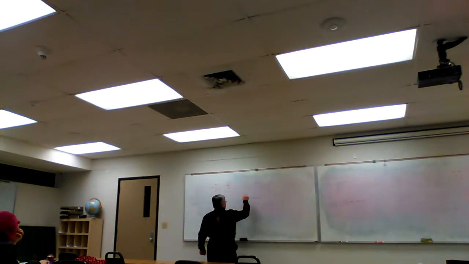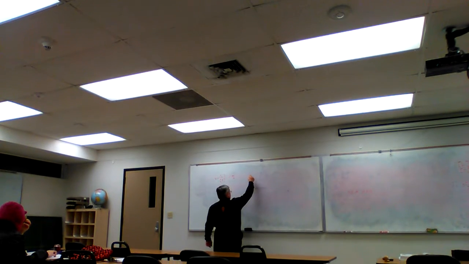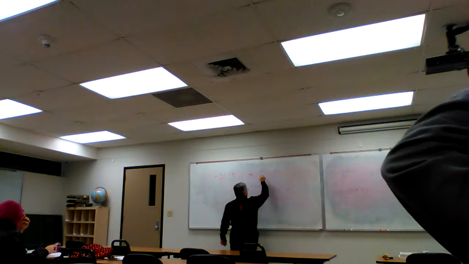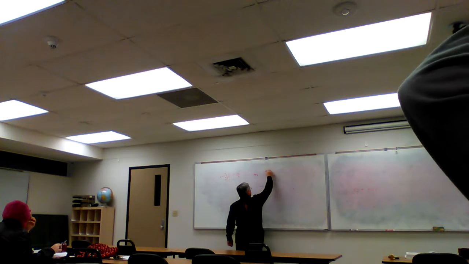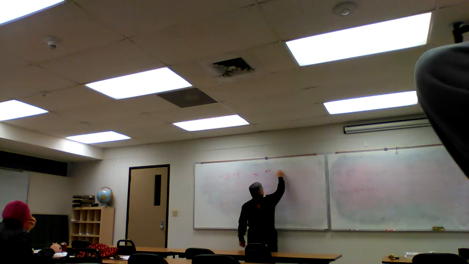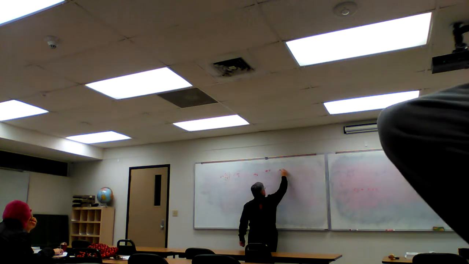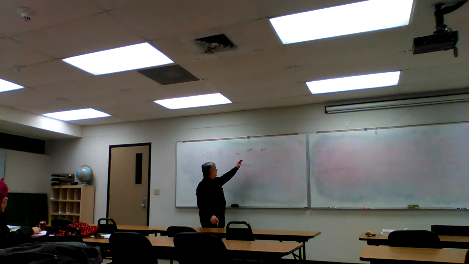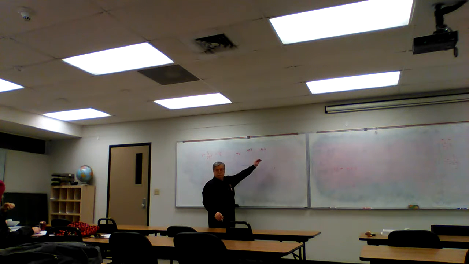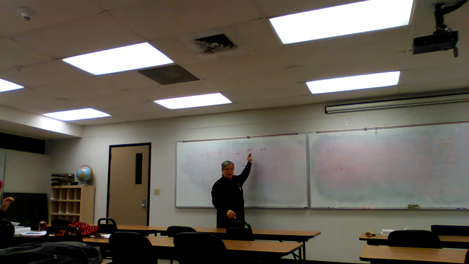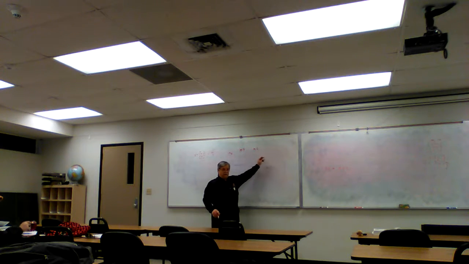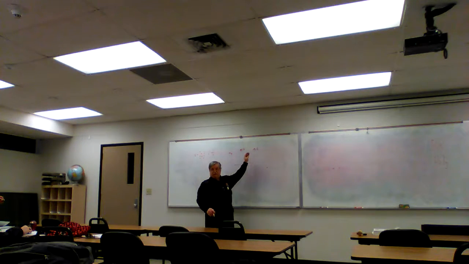We also know that since this is in units of meters per second, this must be units of meters per second, and this must be units of meters per second. Because in order for this to equal this, both of these combined have to have the same units as this. And since they have to have the same units combined, they have to have the same units individually because you're adding them together.